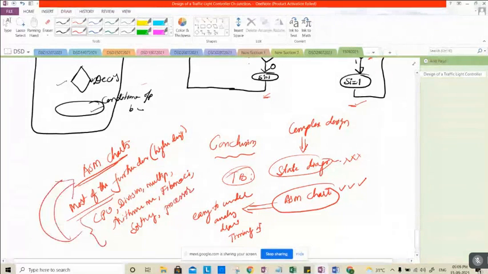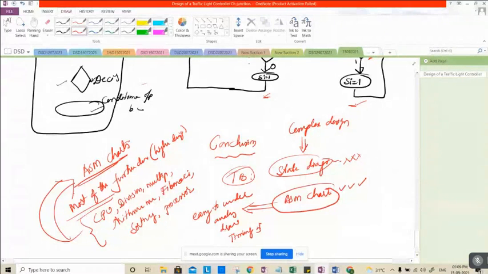If you see the textbooks, most of them use ASM charts to represent a division algorithm, multiplication algorithm, sorting programs, processor, CPU. All of these are explained based on ASM charts.